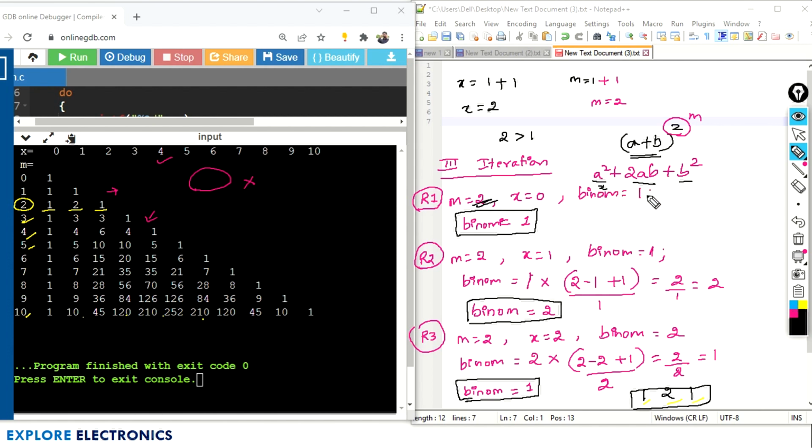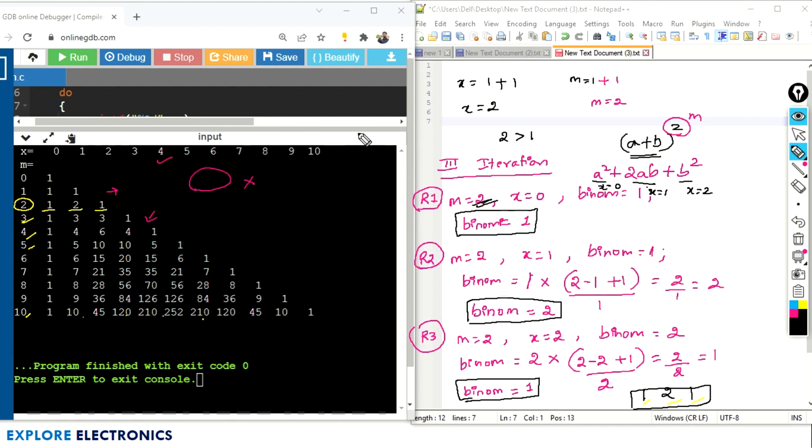This is x when x is 0, when x is 1 and x is 2. Means we are having 3 different combinations. Here we are plotting from 0 to 10. For every binomial expression which is having the power m, we are going to have m plus 1 different combinations. That is what we saw here. So for power 2, we are going to get 3 combinations, 0, 1, 2.